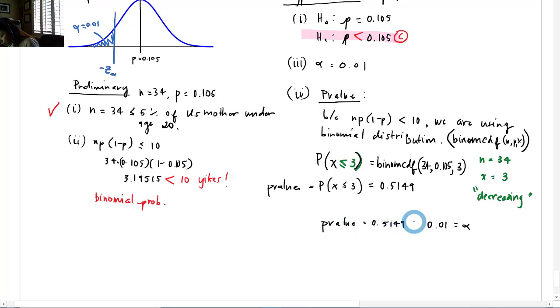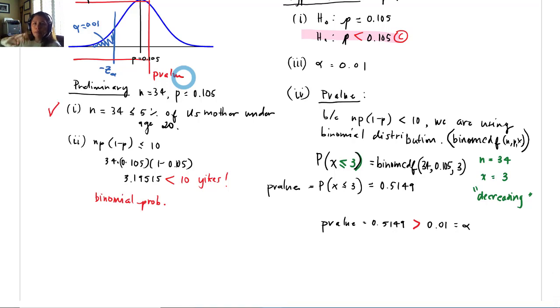So if we go back to our picture, this p-value is more than 50%, so it's going to be right here. That's the p-value. So the likelihood that I grab another sample and that probability will be less than alpha is highly unlikely, and therefore we're going to keep the status quo. And so when the p-value is larger than the alpha, we do not reject the null.